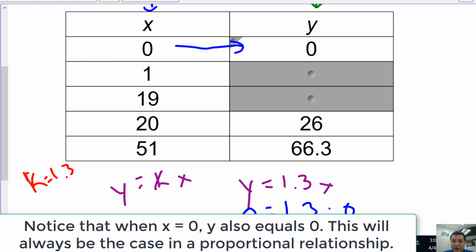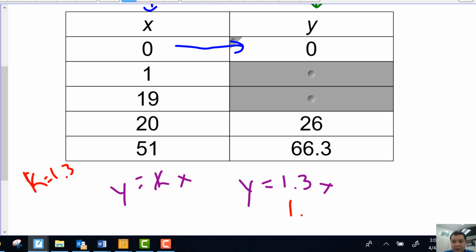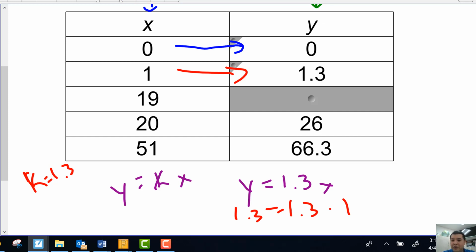What about 1? So we're going to try that again with 1. So we're going to do 1.3 times 1 to get our y value, which will be 1.3. Finally, we'll do that with the 19.